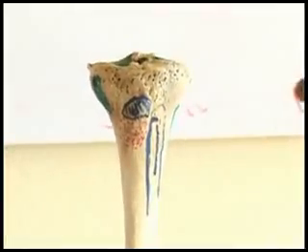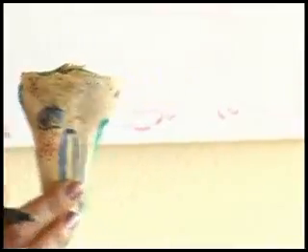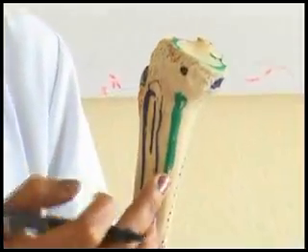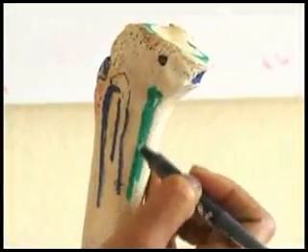The upper part of the medial border and adjoining medial surface gives attachment to the tibial collateral ligament.